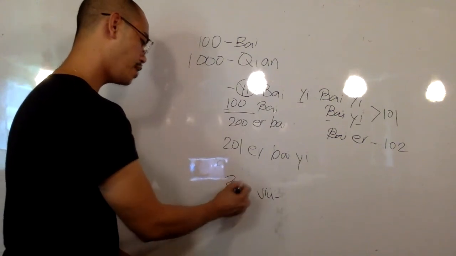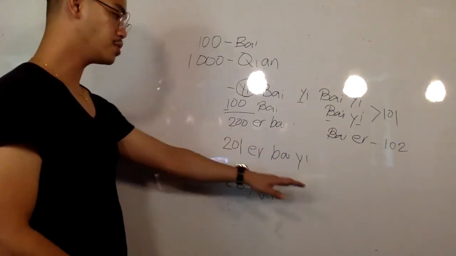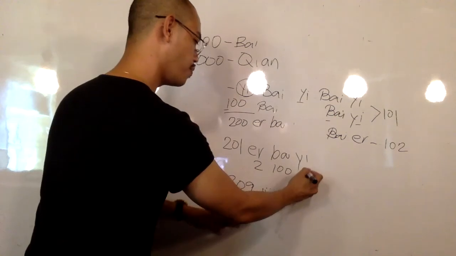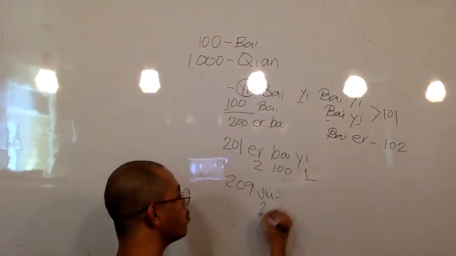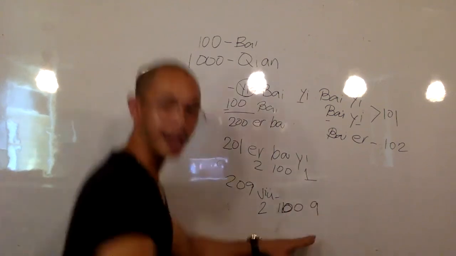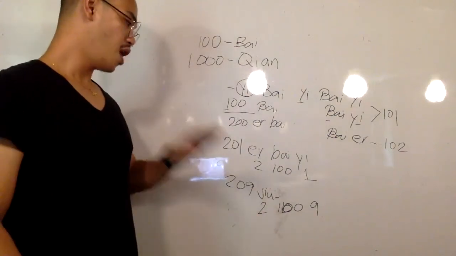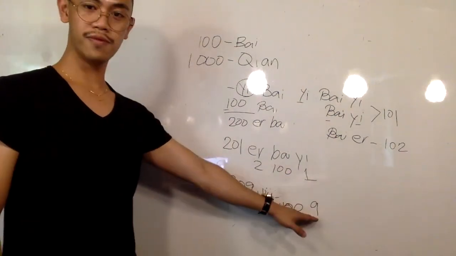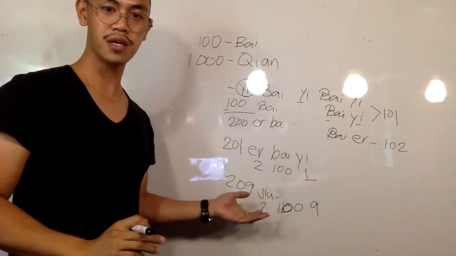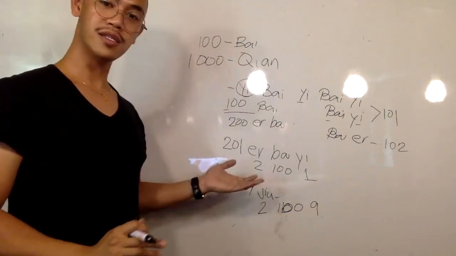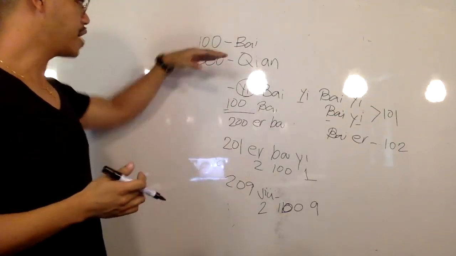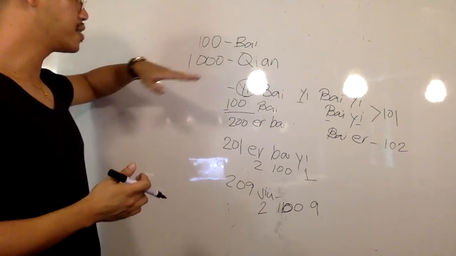So 209 is èr bǎi líng jiǔ. I hope you understand the formula, the format on how to count from 1 to 10 and the combination numbers, as well as 100 and 1000.